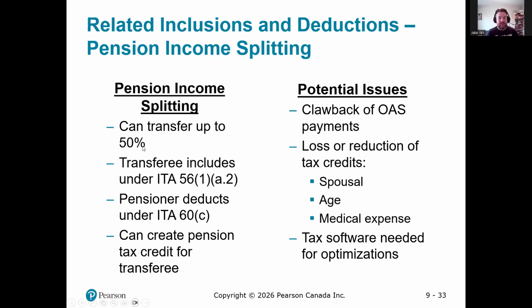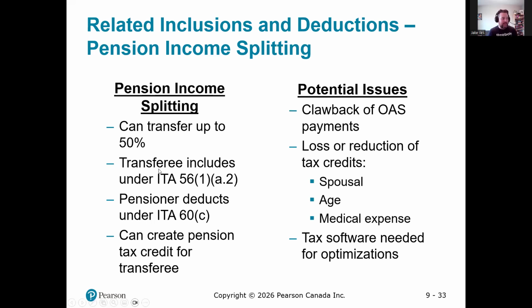Now, if I retire and I'm earning my pension income, but I'm not ready to be done working, I can go get another job. That job will be employment income, and I'll have that in addition to the pension income I'm collecting. But always remember that for pension splitting, only the pension income can be split. So we can transfer up to 50% of the pension income.